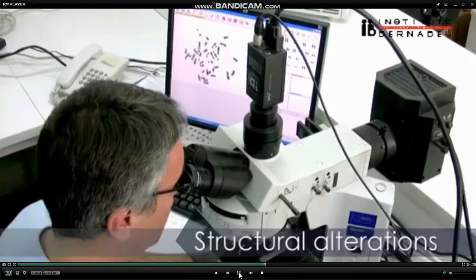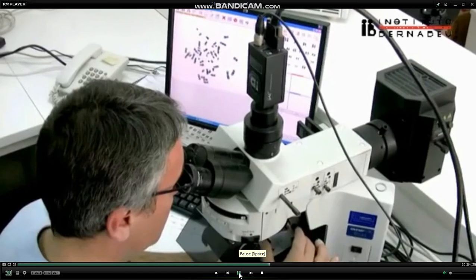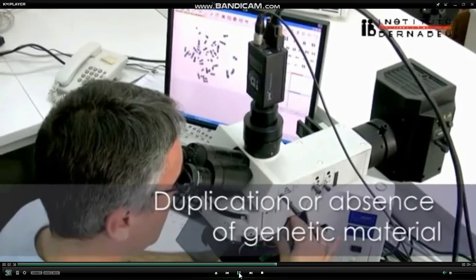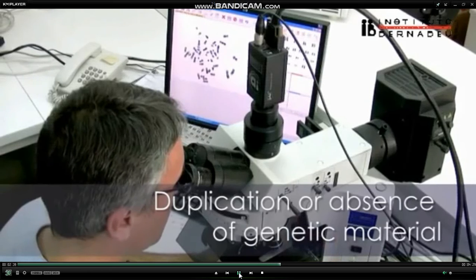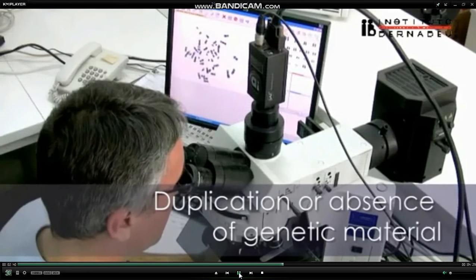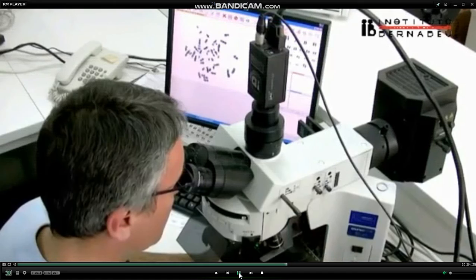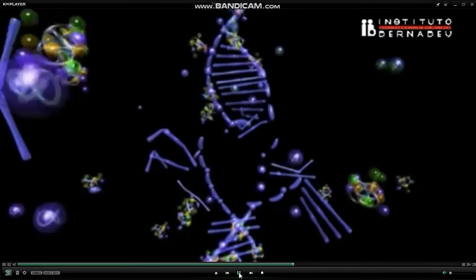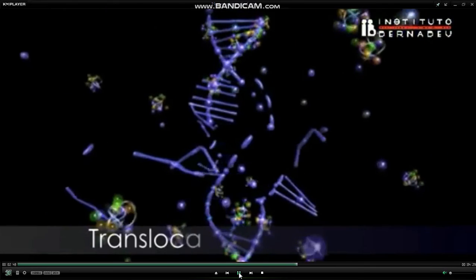Then there are some cases of structural alterations, in order to see if there has been some kind of transitions, and then translocations, duplications, and all such things. So there are plenty of genetic abnormalities that can be identified through this macro level, we shall say, not a genomic level, but a macro level study.